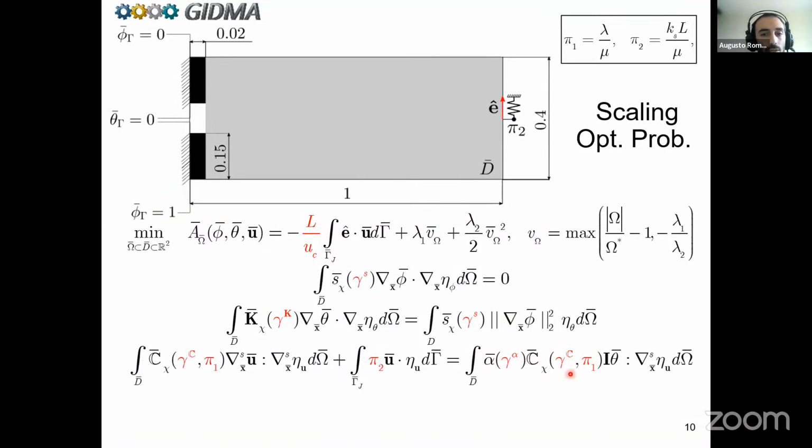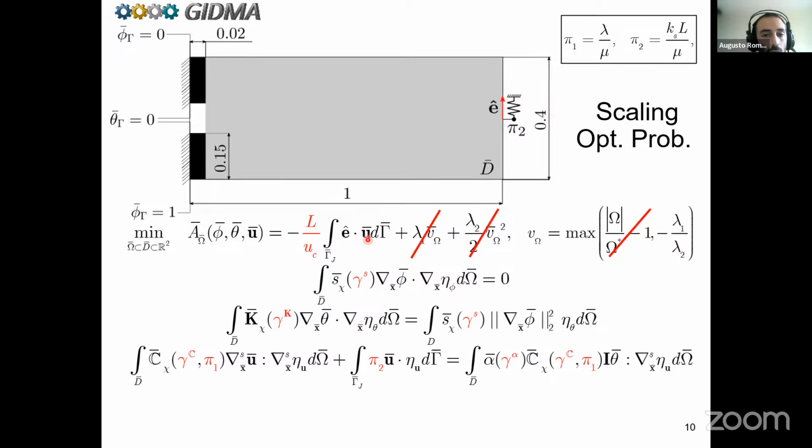Then we introduce the same transformation to the variables in the Lagrangian and obtain this structure. So now, if we find a minimizer of this functional and the constraints are met, then these terms will vanish.